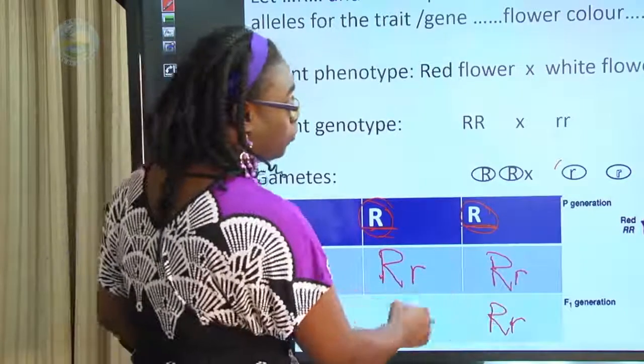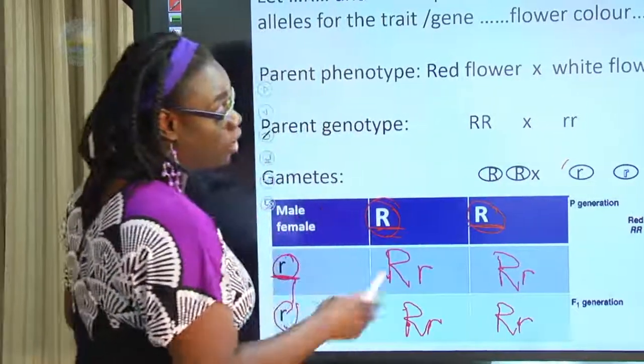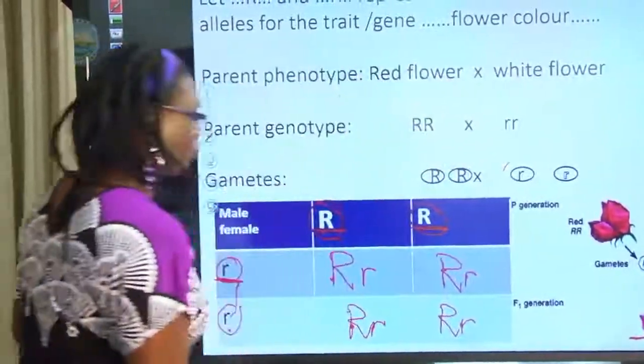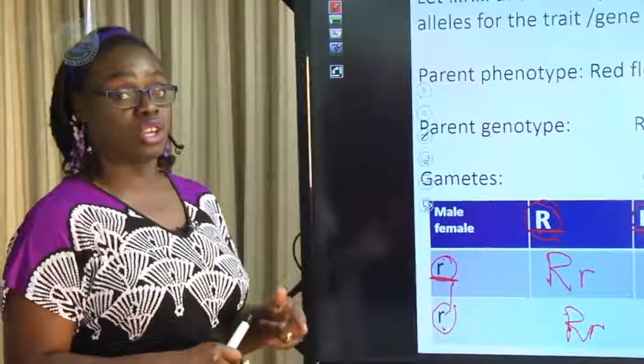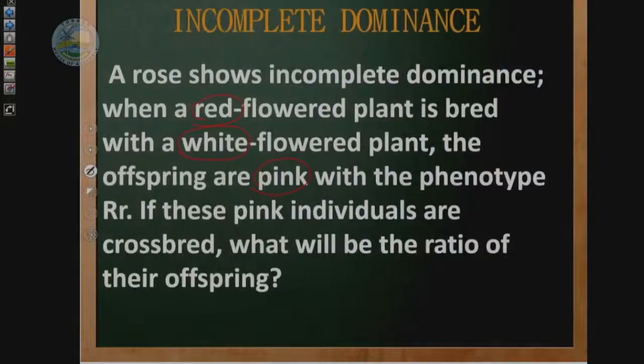So all the individuals from the cross of red and white flowers will have pink genotypes, as you can see here. Now, we have not actually answered the question as yet. We were already told that we would have pink individuals. What we want to know is if we cross these pink individuals, in other words, if we make them self-fertilize, what will be the ratios of those offspring? So that will be your second generation.